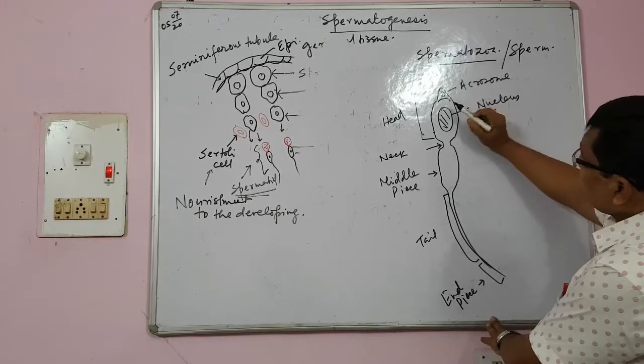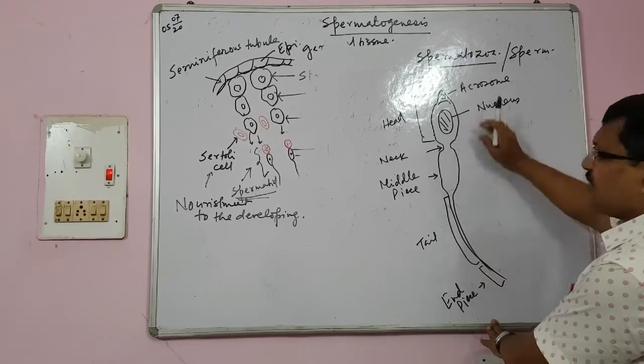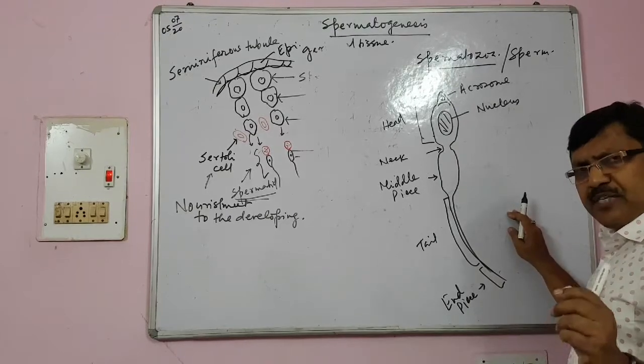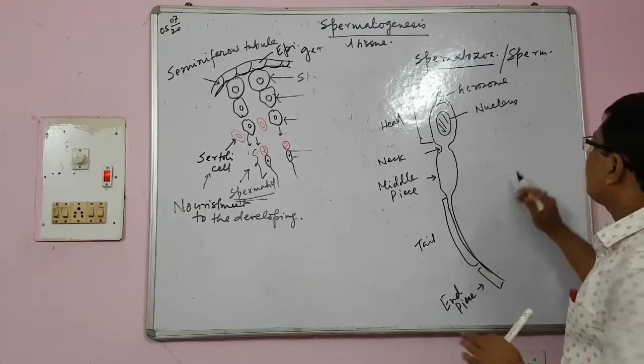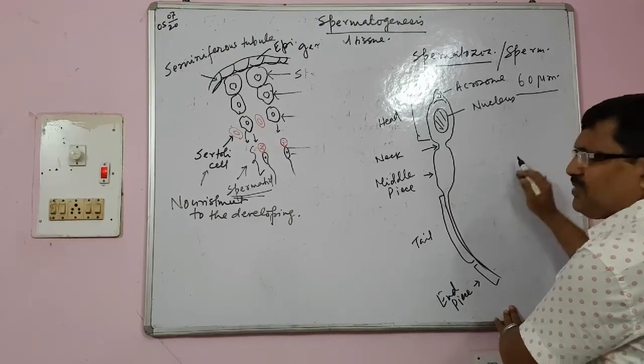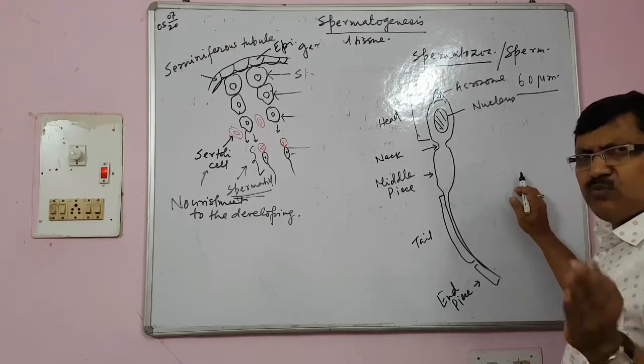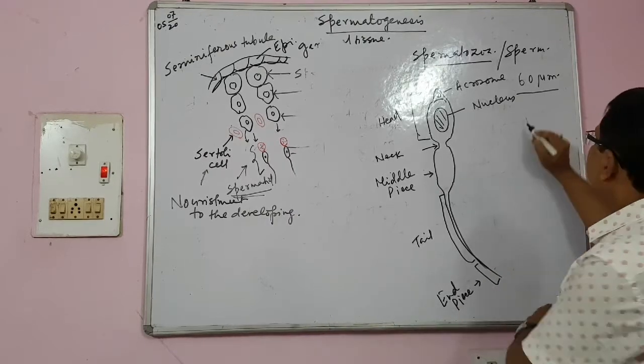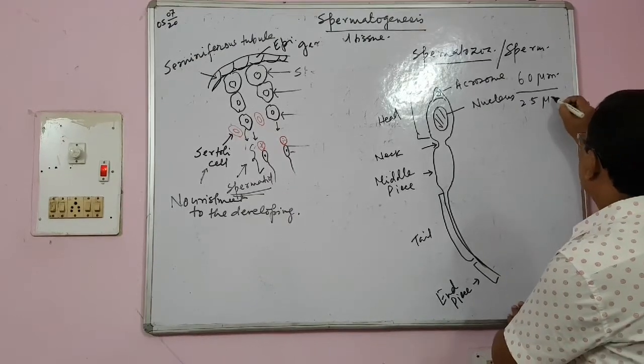Actually the length of a sperm is 60 micrometres, and the width is around 2.5 micrometres.